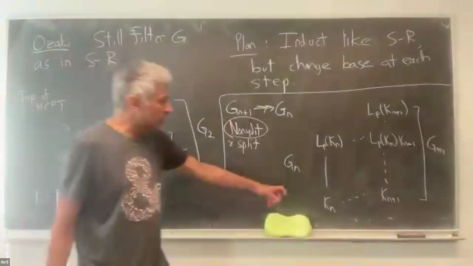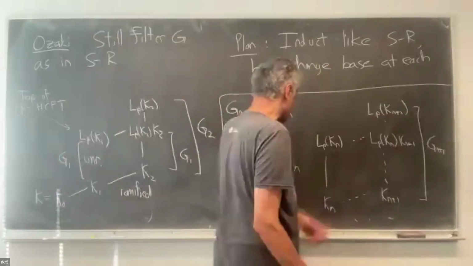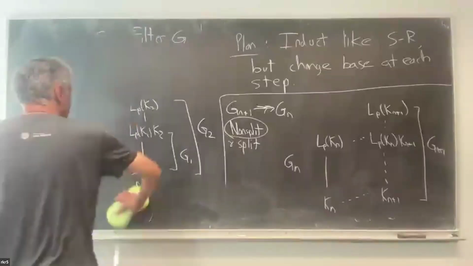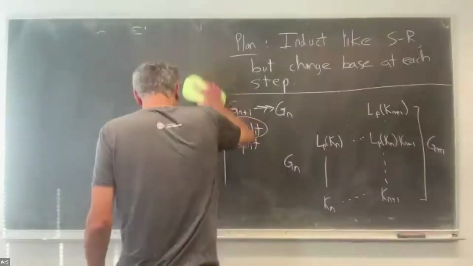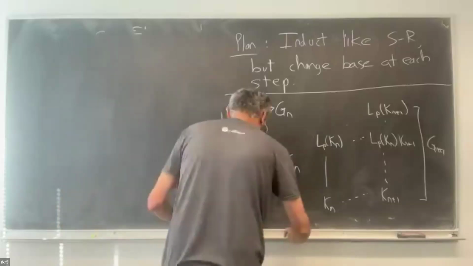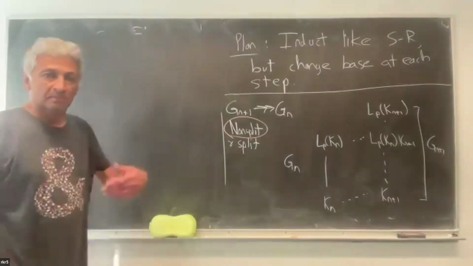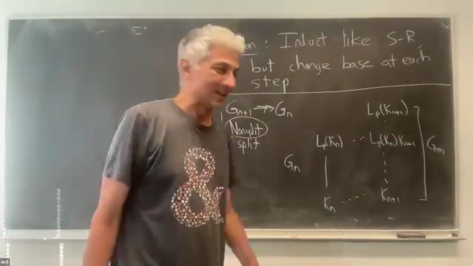How do you choose a field here to make this work? And unsurprisingly, at least, well, if you've been playing this game a long time, it's actually going to come back to the Grunwald-Wang theorem a little bit.